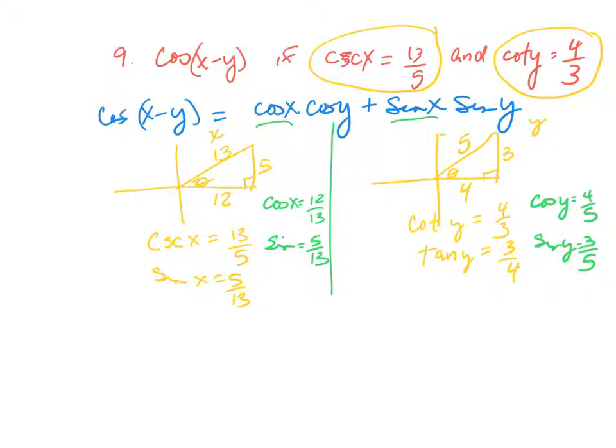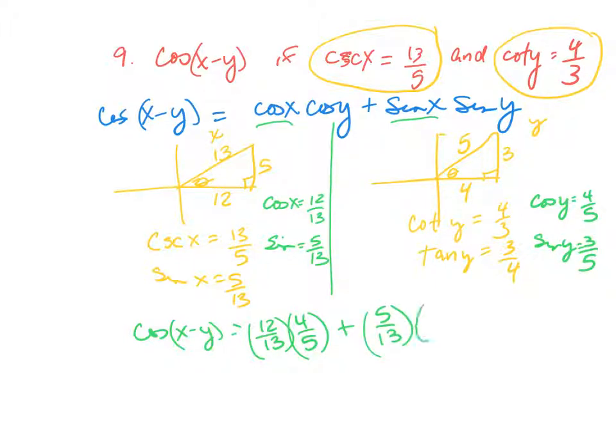So the cosine of x minus y equals the cosine of x, which is 12 over 13, times the cosine of y, which is 4 over 5, plus the sine of x, which is 5 over 13, times the sine of y, which is 3 over 5.